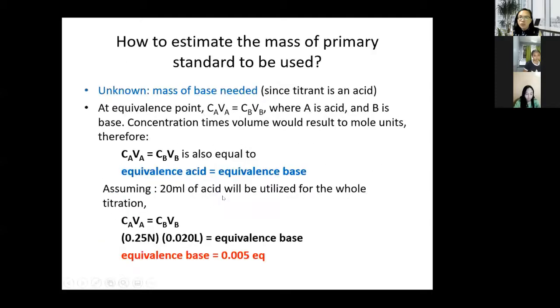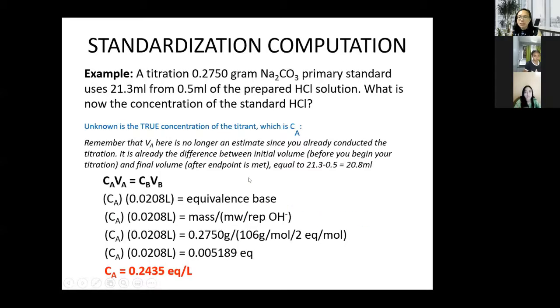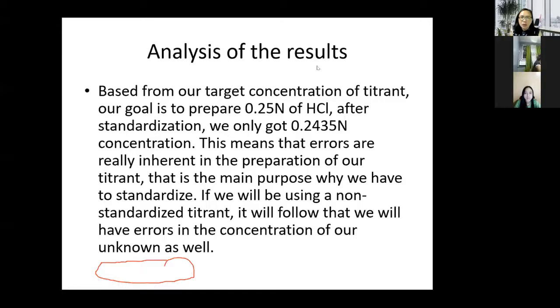But what did we get in our standardization? Instead of 0.25, we got only 0.2435. Based on our target concentration of 0.25, after we standardize, we only get 0.2435 normal. This means that errors are inherent in the preparation of our titrant. In other words, there was an error in our preparation of the hydrochloric acid.